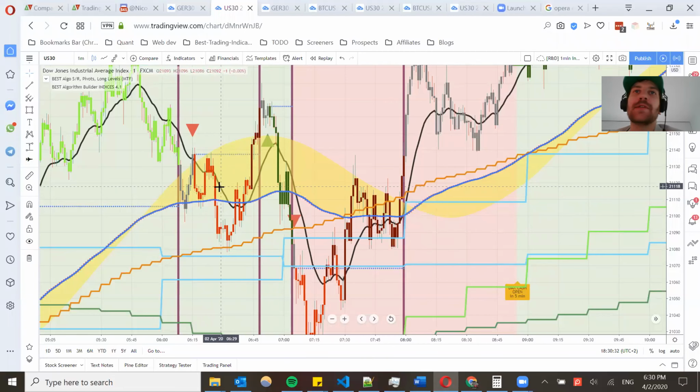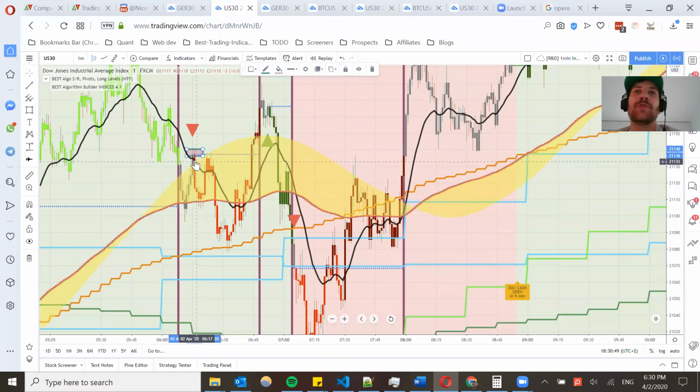So, a quick example with the Dow. Here we have our cloud. The EMA 20 is above, and for once the god of trading is with us. So the entry is here because the candle high is past this black pullback line.